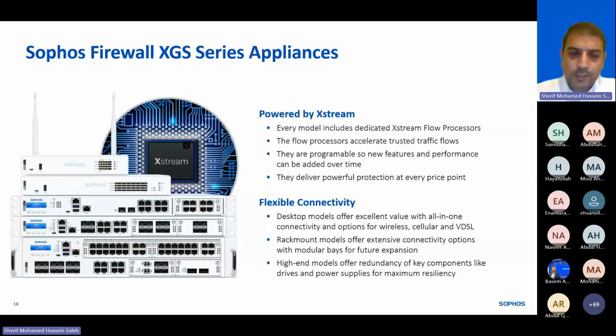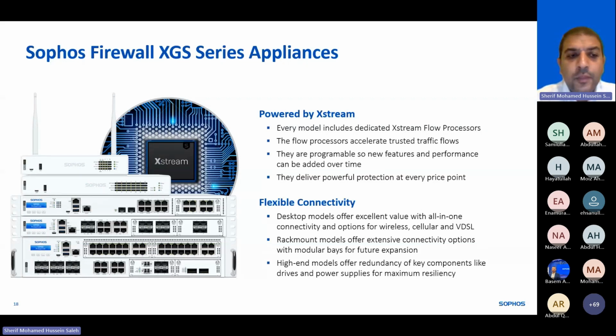This hardware comes with a new architecture, which is the Xstream Architecture. Here we are trying to provide the customer with both protection and performance. The Xstream chip in all our hardware provides unique processing capabilities inside the firewalls, which will enhance the customer experience when we are talking about latency and everything related to cybersecurity checking and reviewing the traffic. We utilize the Xstream processor in order to provide a wire speed flow of the traffic as well.